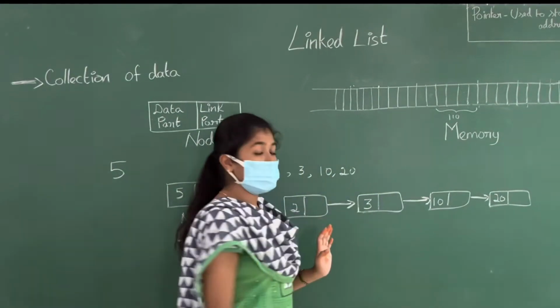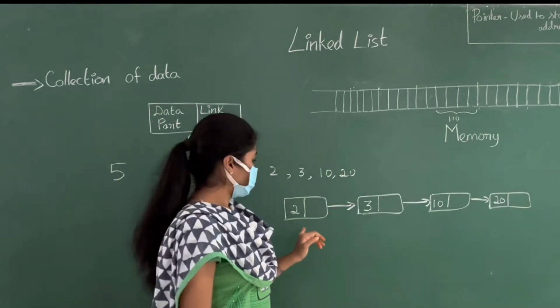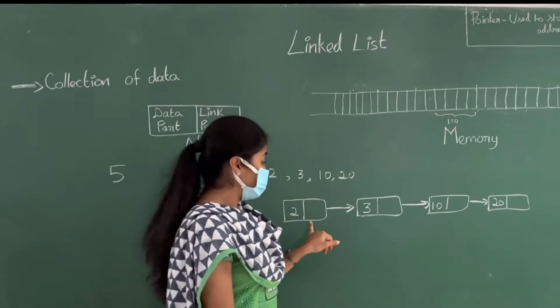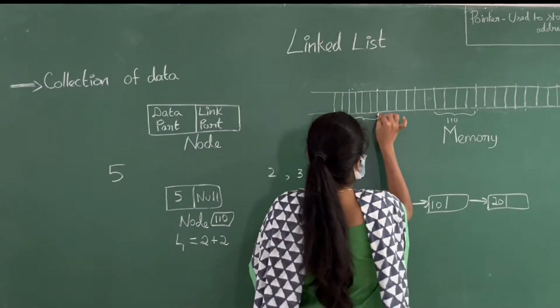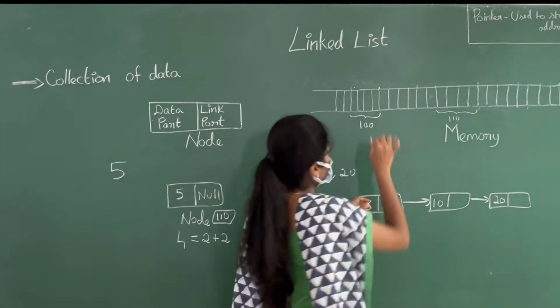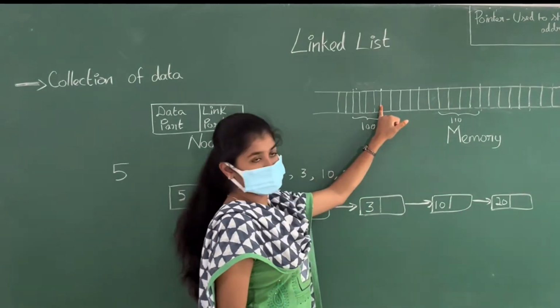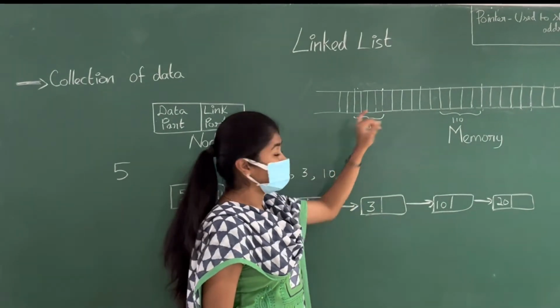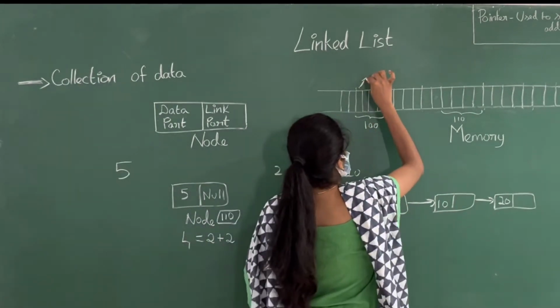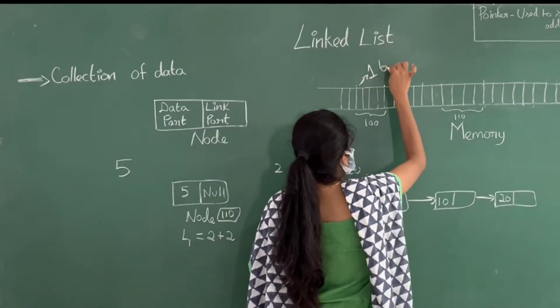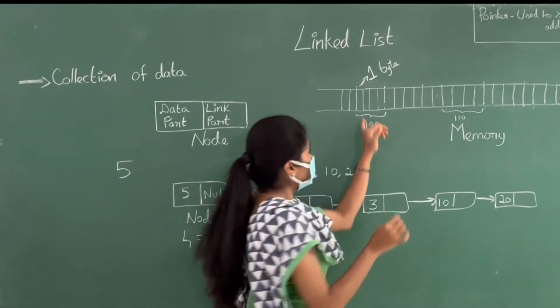Once the node is created, it has to be stored in the memory. Let us assume that this node is stored in the memory location 100. It is stored in 4 blocks. Each block represents 1 byte, so totally 4 bytes.